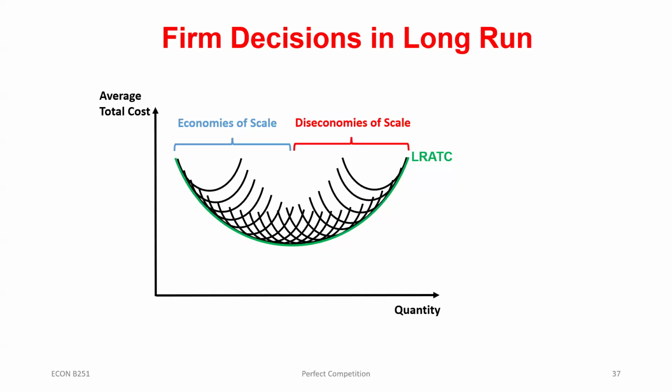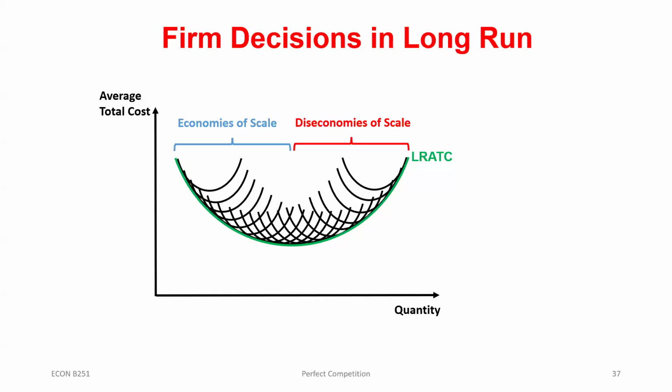Right? So if I can come up with a new technology that improves my production process or lowers my marginal and average total costs, what's now the scenario? Well, nothing changed in the market. The price is still what it is, right? So where is the new optimal quantity? Well, now, after this discovery of this new technology by one of the firms, at that optimal quantity, what is now true about my price relative to my average total cost?